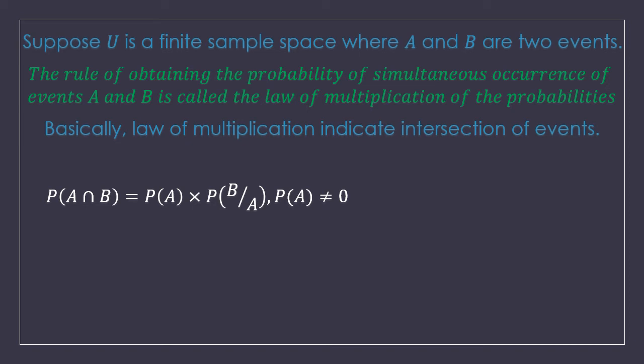Now if you are wondering how I got this formula, just remember the formula for conditional probability. What was the formula? P(B given A) is P(A intersection B) upon P(A). Now just in your mental image, move P(A) from the denominator to the opposite side, the numerator. What you will get is P(A) multiplied by P(B given A), which is equal to P(A intersection B).